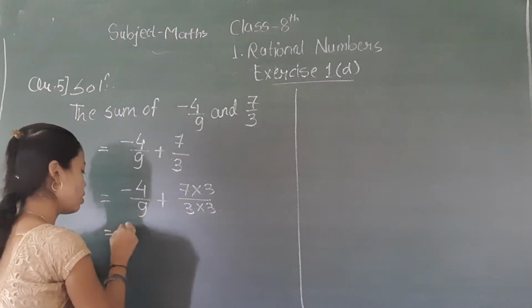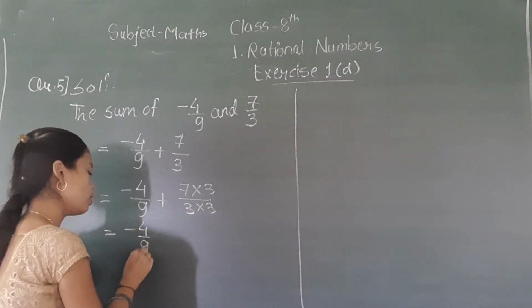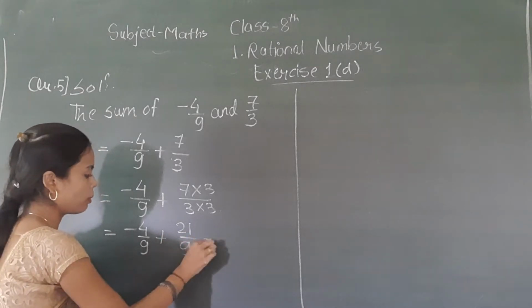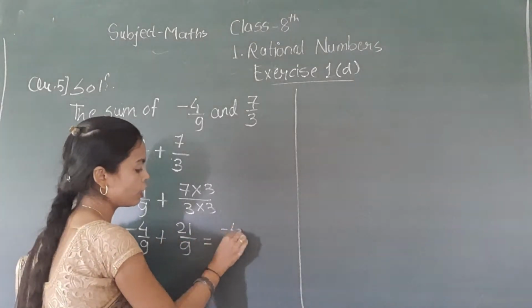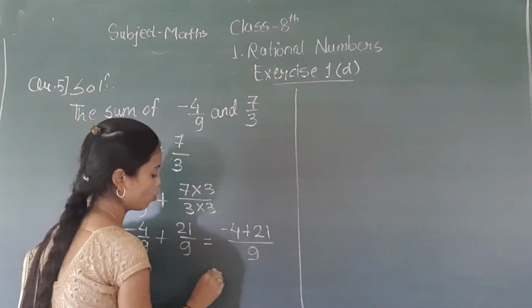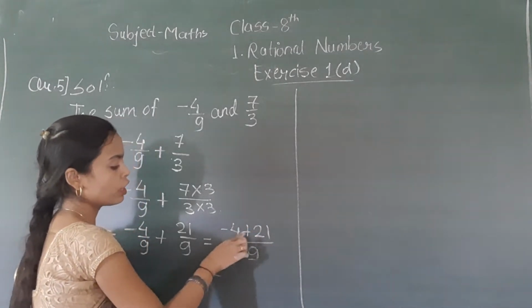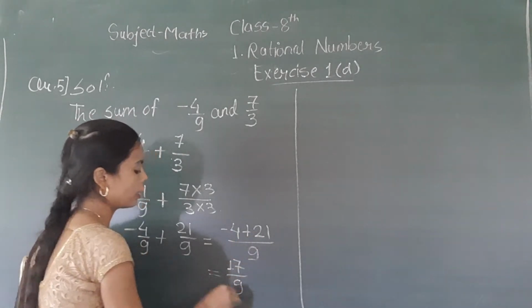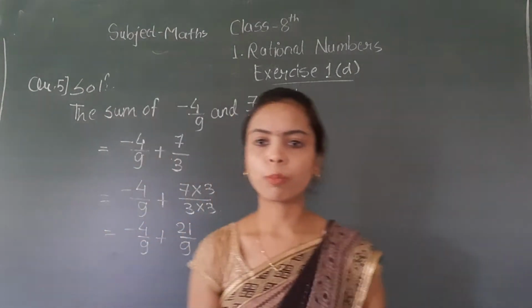So it becomes minus 4 upon 9 plus 21 upon 9. So it will become minus 4 plus 21 upon 9, which equals 17 upon 9.